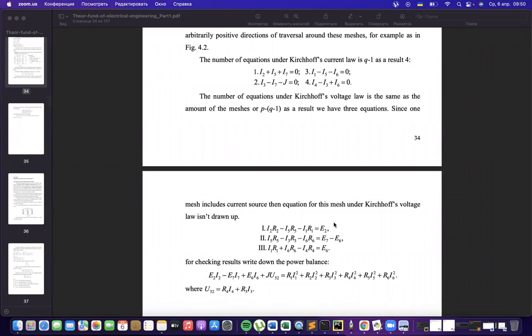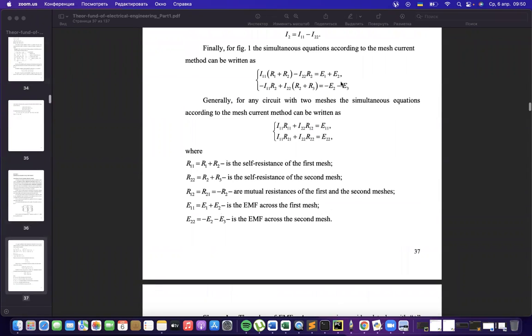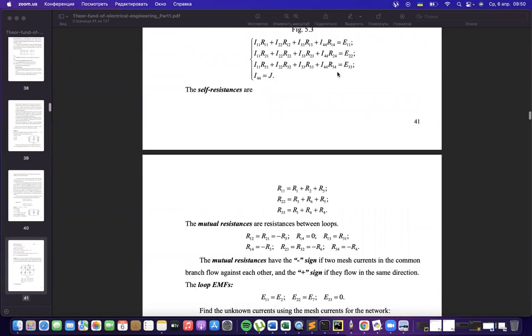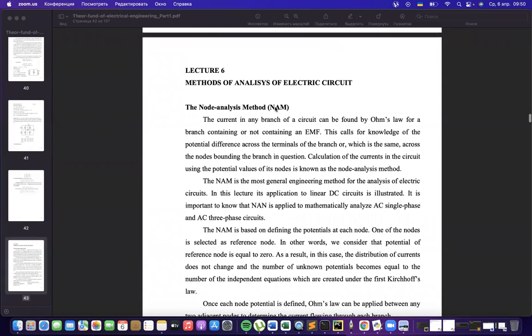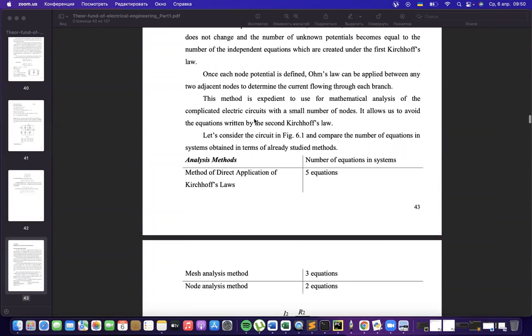For the mesh method, we were working only with the voltage part of the equation. But for the next method, we will work only with the current part of the equation. Currents inside nodes.